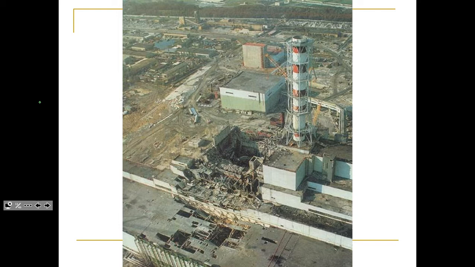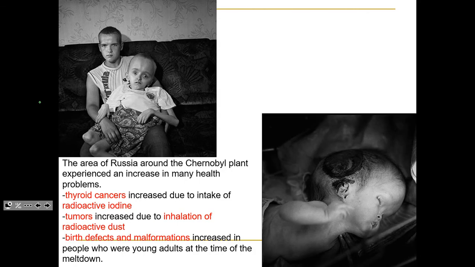Here's an image of Chernobyl. You have the reactor site, cooling towers, and just this massive, massive pit where the explosion hit and fire ensued. The area of Russia around Chernobyl experienced an increase in many health problems. Different types of cancers arise, thyroid cancers because of the breathing in of radioactive iodine.